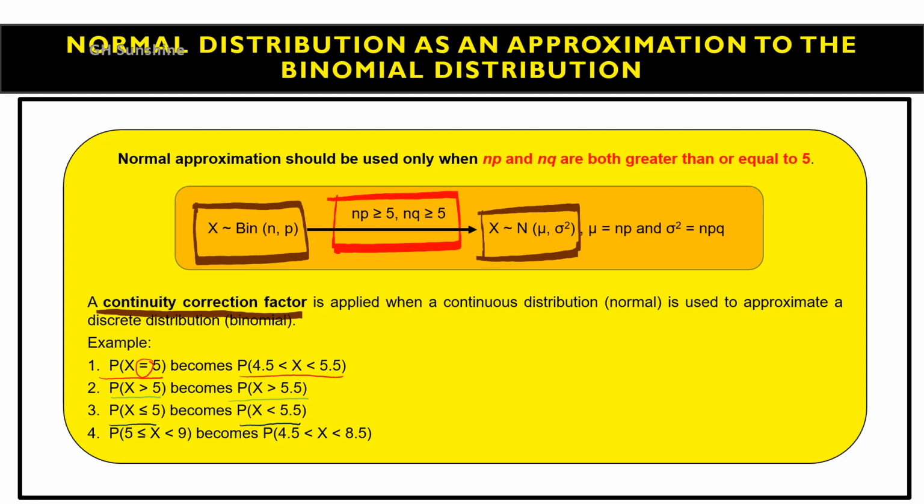And the last one, include 5 but exclude 9. So it becomes like this. You have to apply the continuity correction factor when you use normal approximation from the binomial distribution.